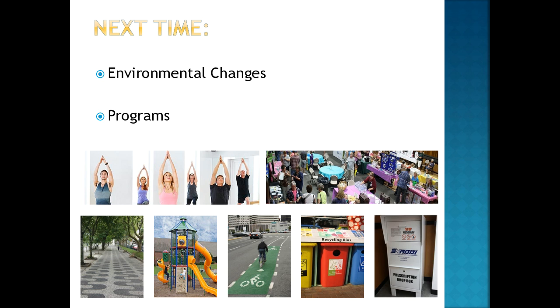So this was part 1 of our deeper dive into policy, systems, and environmental changes. Next time we will be talking about environmental changes and then the role of programs and how programs can help with policy, systems, and environmental changes.